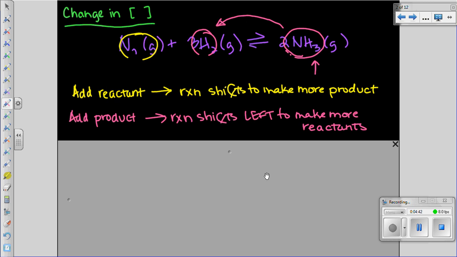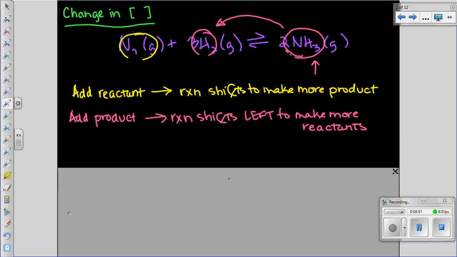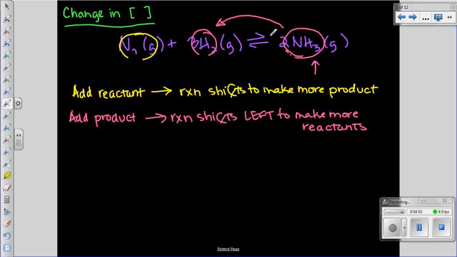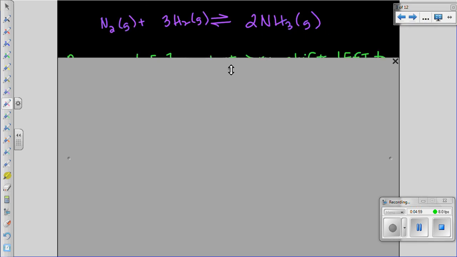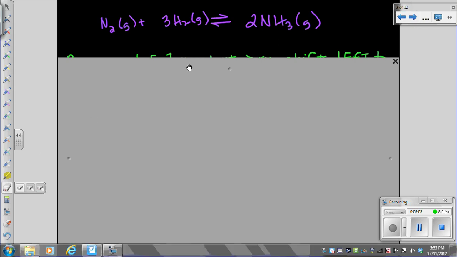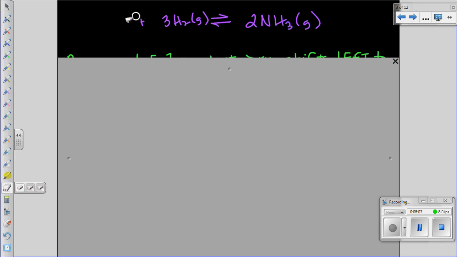Okay, so now what we want to do is look at what happens if we reduce the amount of a reactant. I'm going on to the next page. So, same reaction. Now what we want to do is look at what's going to happen if I reduce the amount of a reactant. So let's say I just get rid of nitrogen.